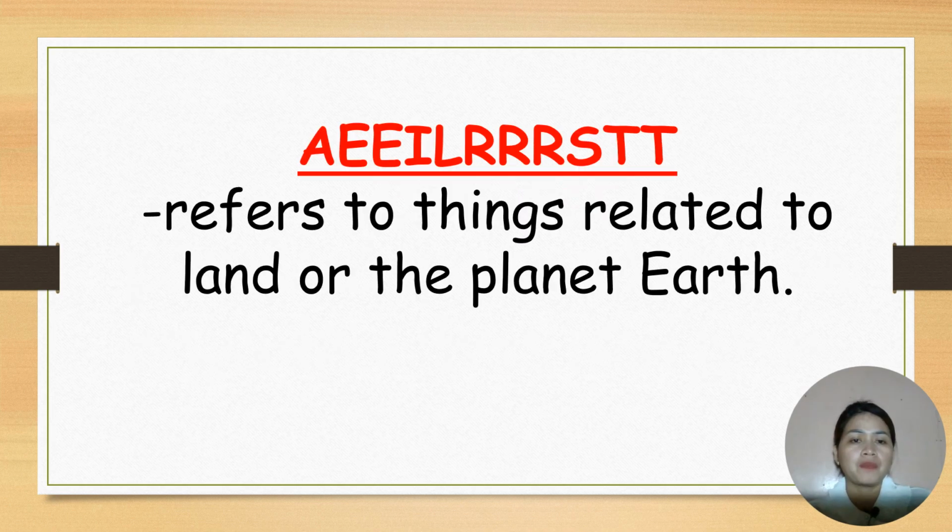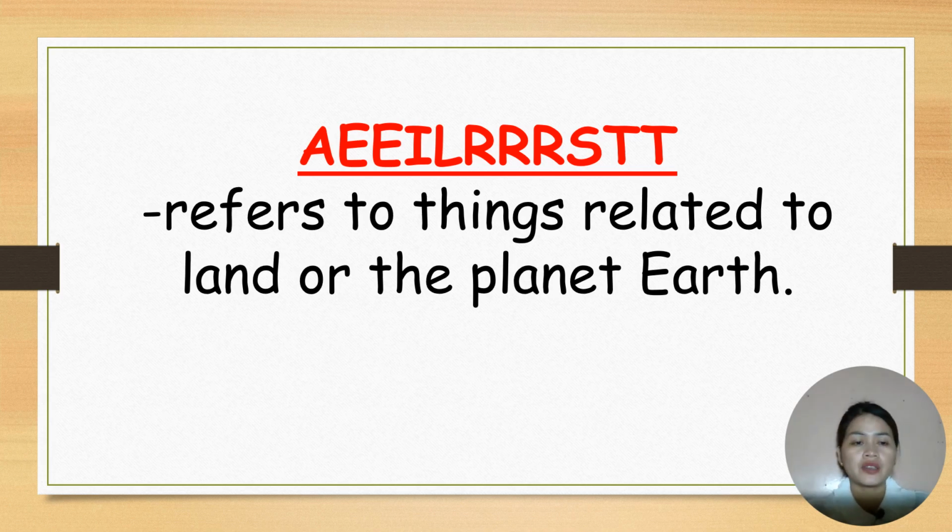How about this one? We have 11 letters. It refers to the things related to the land or the planet Earth. Think about it, it's related to the land. What word is that?